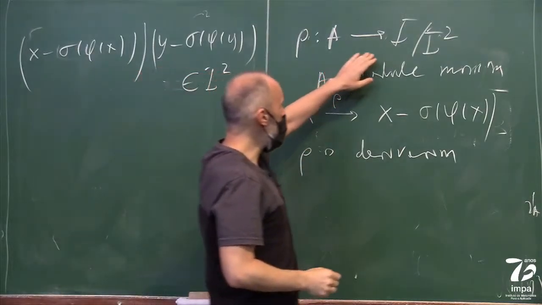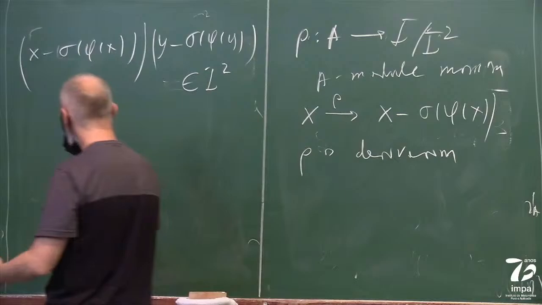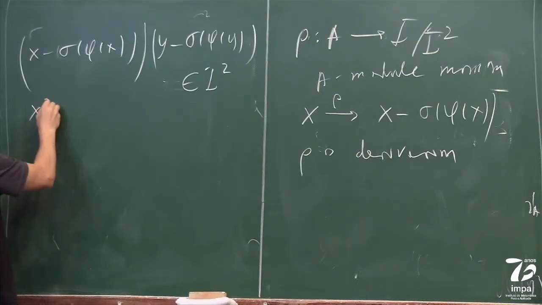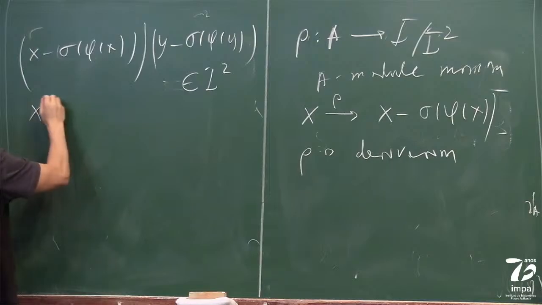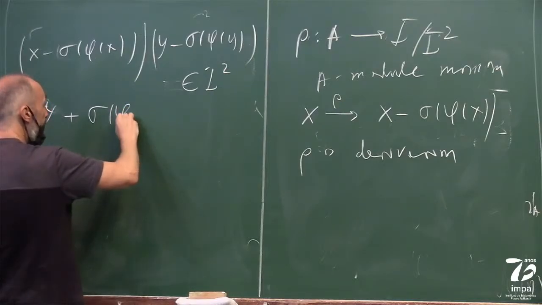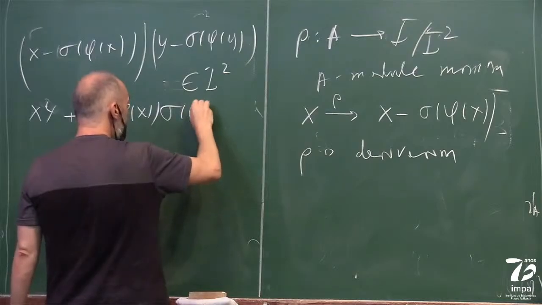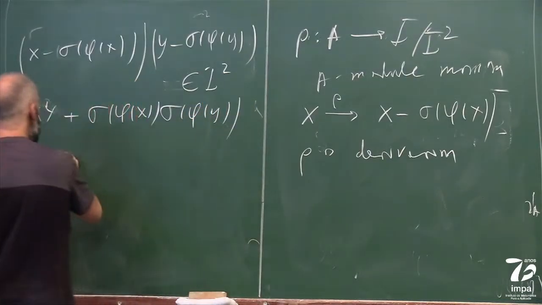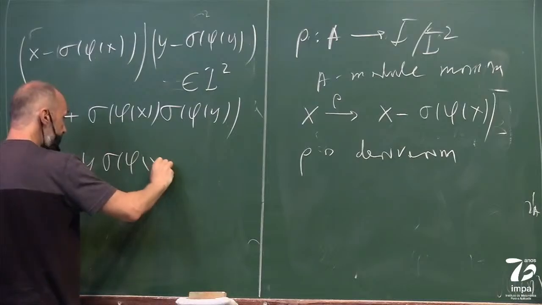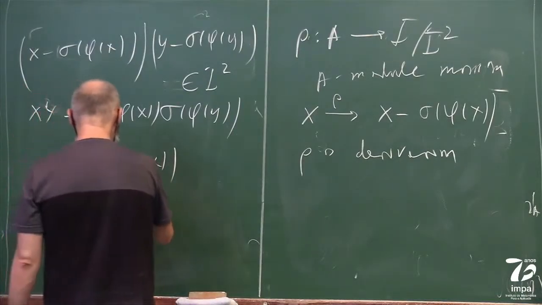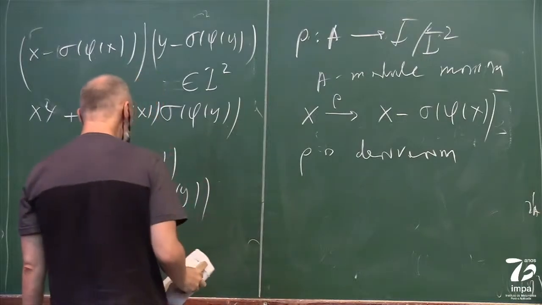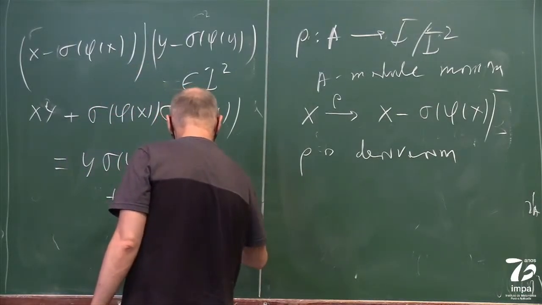And since we are interested in the map ρ to the quotient by I squared, this means that, up to I squared, xy plus σ of φ of x times σ of φ of y is equal to the cross terms x σ of φ of y plus y σ of φ of x. Mod I squared, of course.